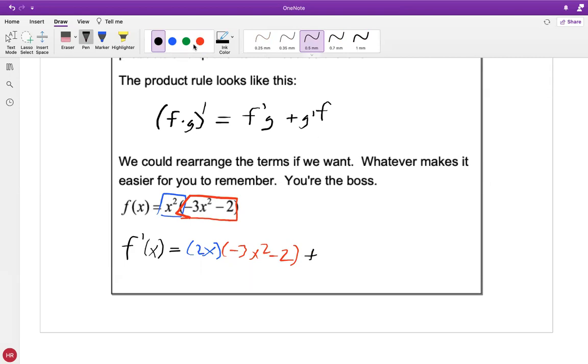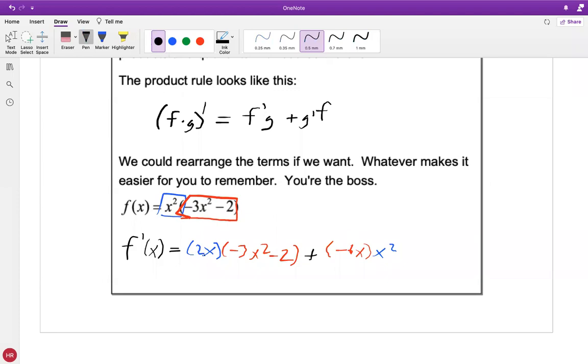That's going to become important when we talk about the quotient rule in a minute. The derivative of the second times the first, g prime times f. The derivative of the second one is negative 6x plus the 0 for the negative 2. And then the first is x squared, like that.